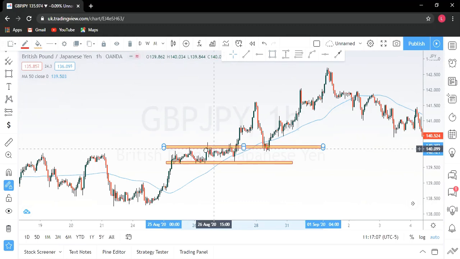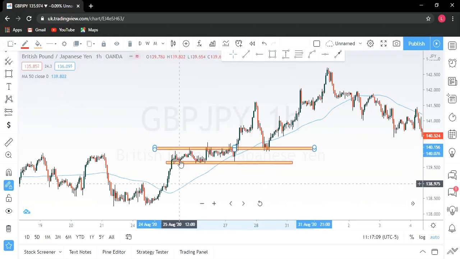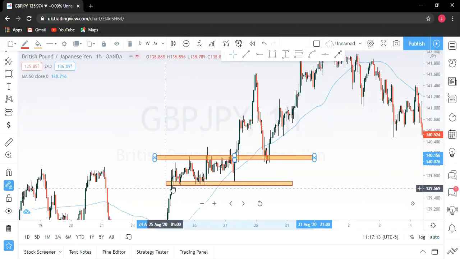Can you see now? This is our support. Can you see? Why is it our support? Whenever the market gets there, it is going up. Why is this our resistance? Whenever the market gets there, it is selling.